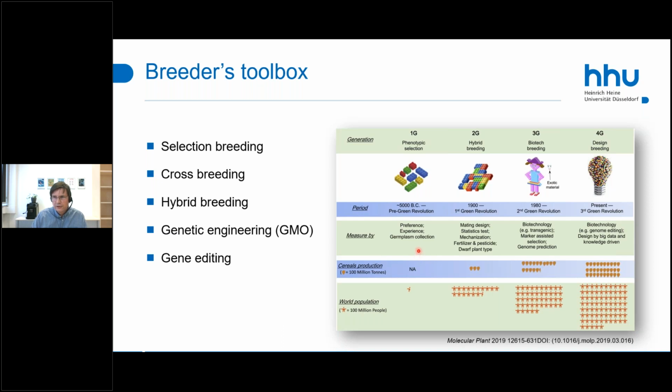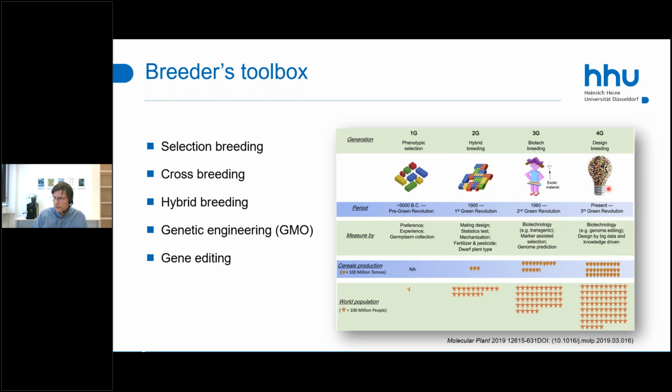Then later in the 1900s, hybrid breeding started, which is also called the first green revolution, which was also due to the demand of a growing world population. Since the 1980s, we have so-called biotech breeding, which includes the generation of genetically engineered plants.